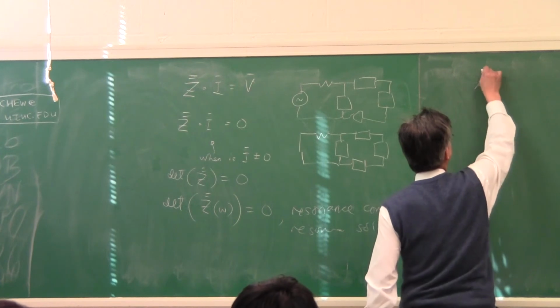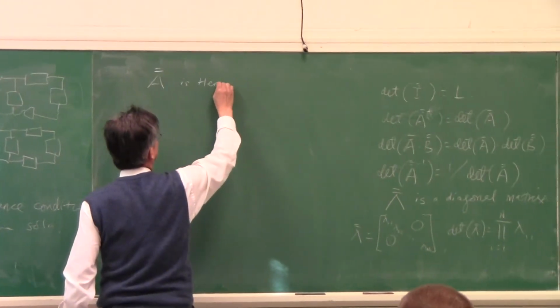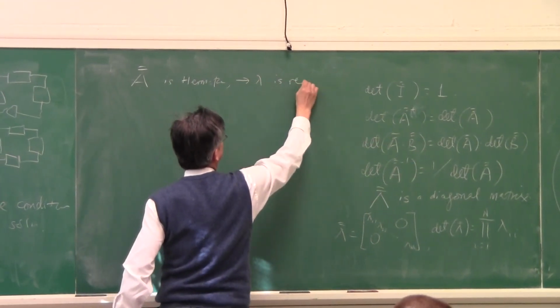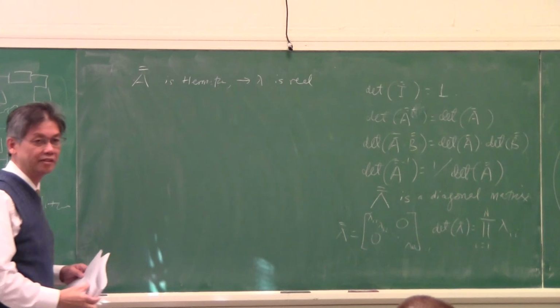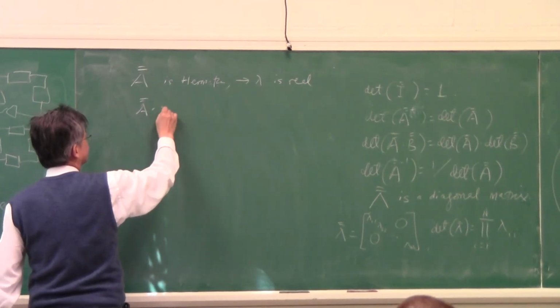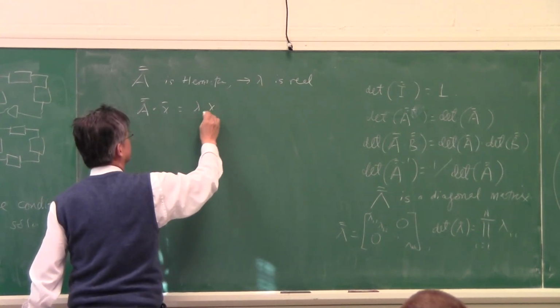So, if A is symmetric, that implies that lambda is real. Okay, this fact can be proven quite easily. Let me just prove that. A dot x equals lambda x.